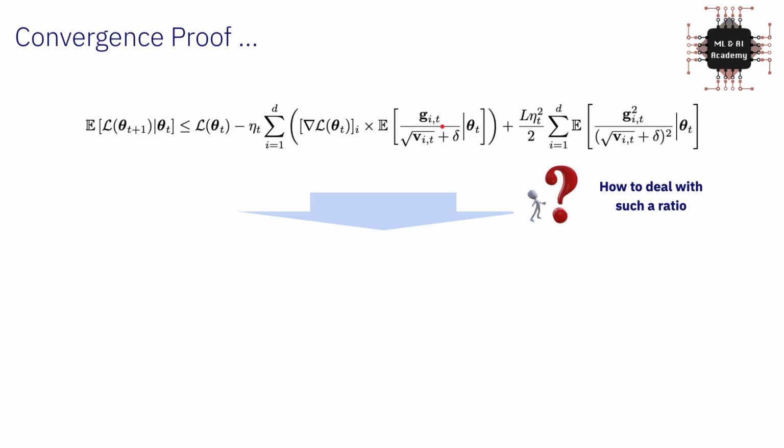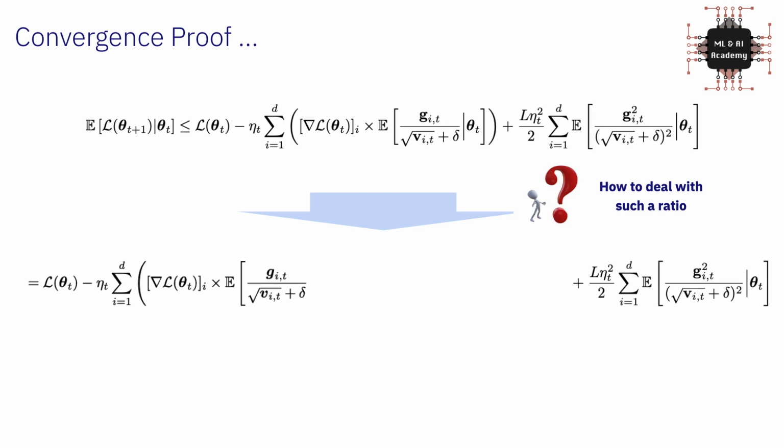So here's how the authors dealt with it, and that was actually a very smart thing they've done. They took this equation, so this is the equation you see above. L is here, the η_t summation is here, the gradient is here, now you have this expectation here, and this term, Lη² over 2, stays here.